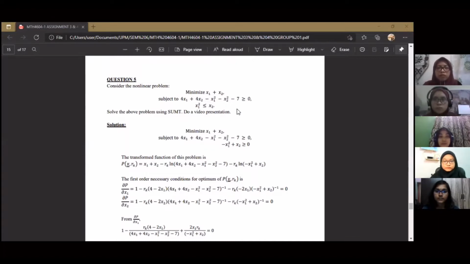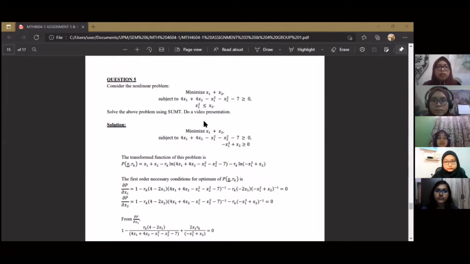We need to consider the nonlinear problem: minimize x1 plus x2, subject to 4x1 plus 4x2 minus x1 square minus x2 square minus 7 greater or equal to 0, and the other constraint is x1 square less than or equal to x2.